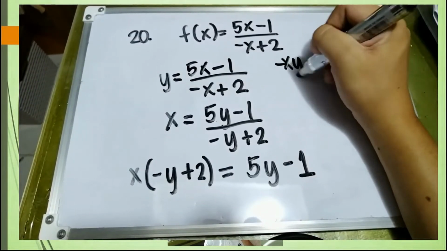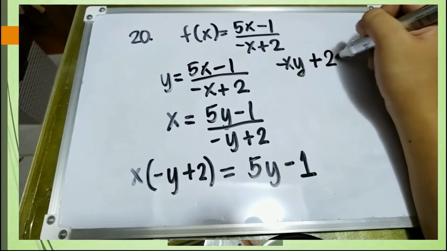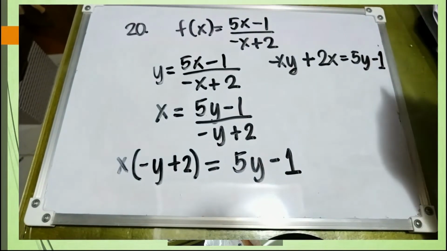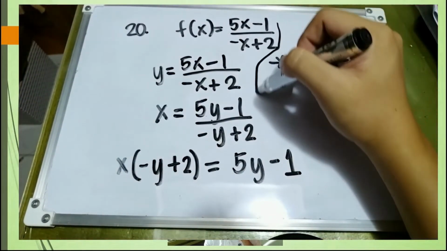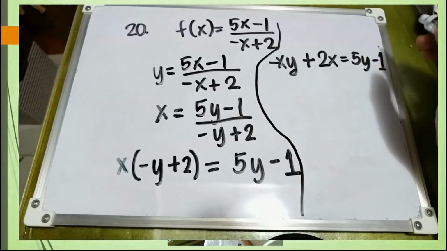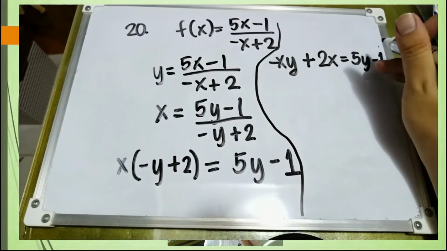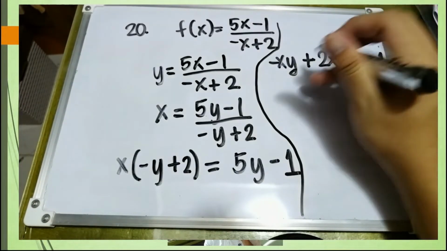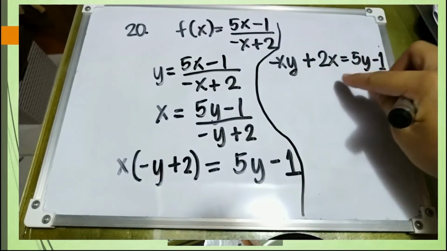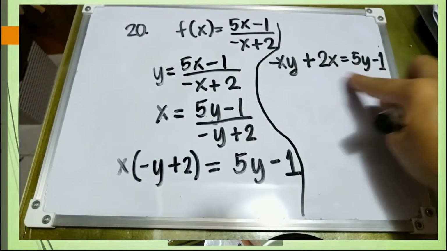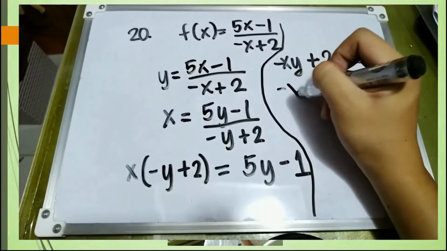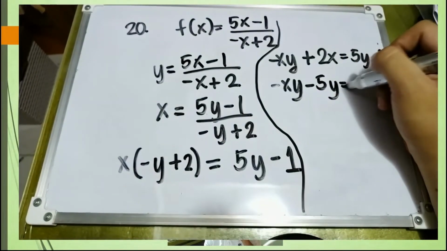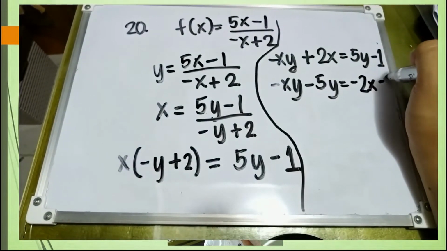So negative xy plus 2x is equal to 5y minus 1. Then after that, we're going to regroup those variables with y. Then this 2x would be transposed on the other side. So negative xy minus 5y is equal to negative 2x minus 1.